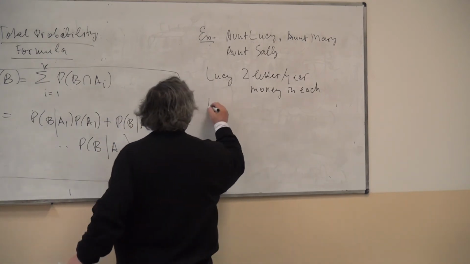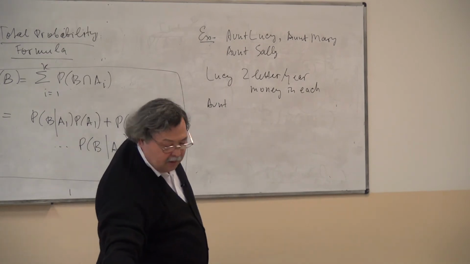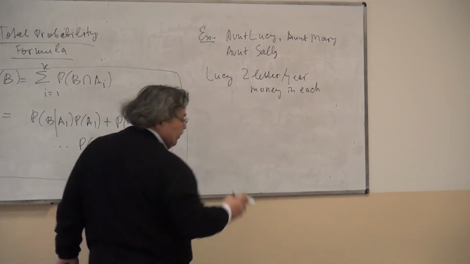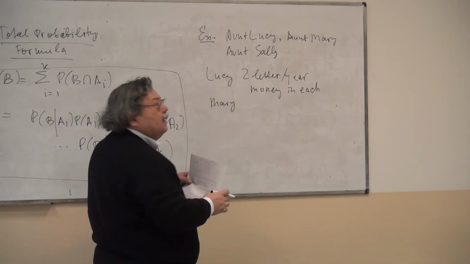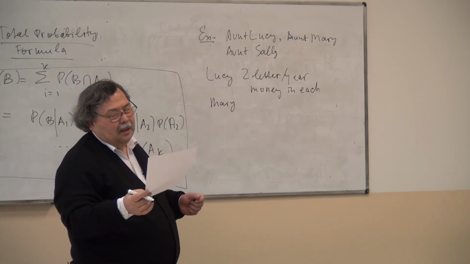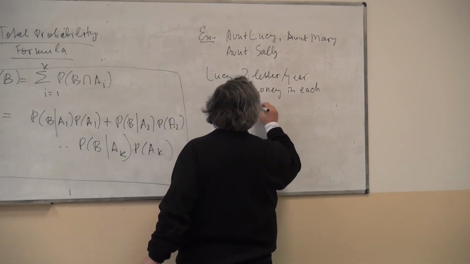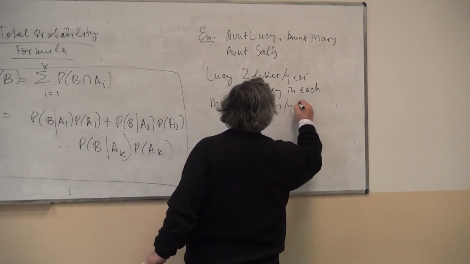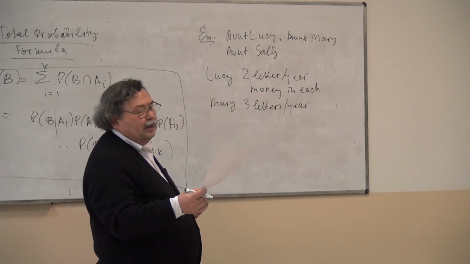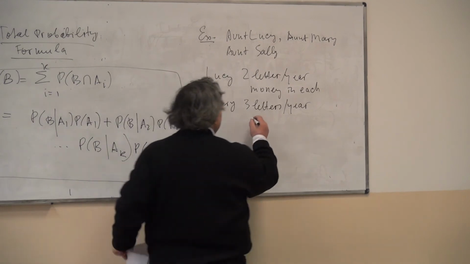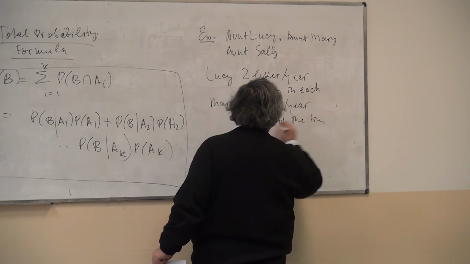Well, Aunt Mary writes 3 letters per year on the average, and letters from Aunt Mary contain some money 50% of the time.